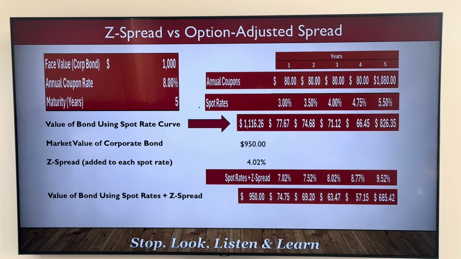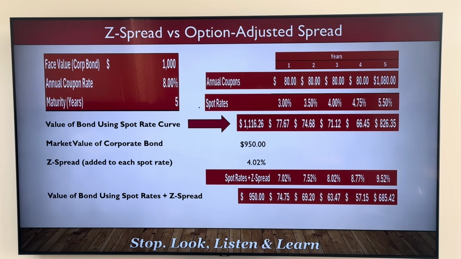The 2 year spot rate of 3.5% needs to be increased, as well as the 3 year, 4 year, and 5 year spot rates. And we need to determine a set amount that, when added to each of those 5 spot rates, and then we use the revised rates to discount the cash flows, we get a value that's equal to the market price of the bond.